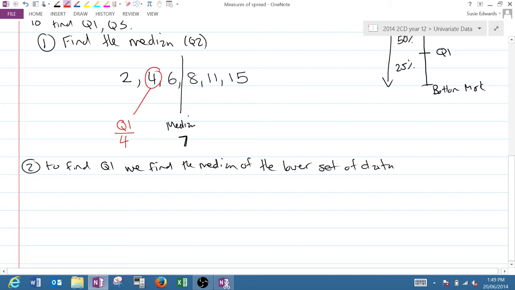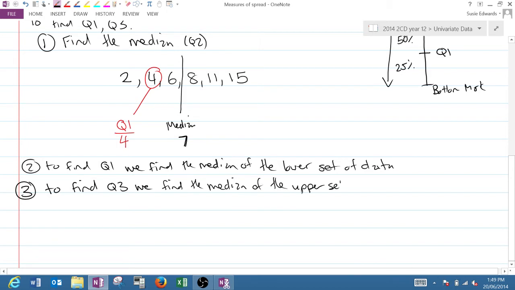How do we find the upper, so Q3? To find Q3, we find the median of the upper set of data.